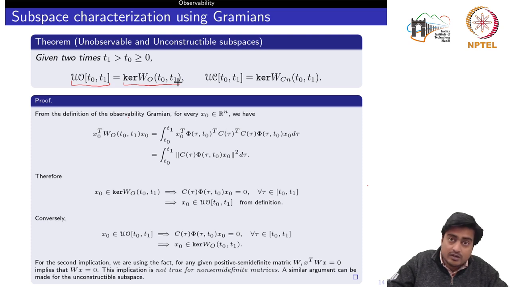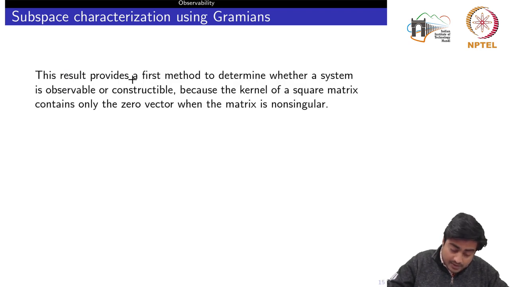Then the system is observable. Now, if it contains only the zero vector, then the kernel of that matrix should be zero. It should not contain any other vector, and this is only possible if the matrix itself is non-singular, because in the previous theorem we had seen that the Gramian matrix is positive semi-definite.